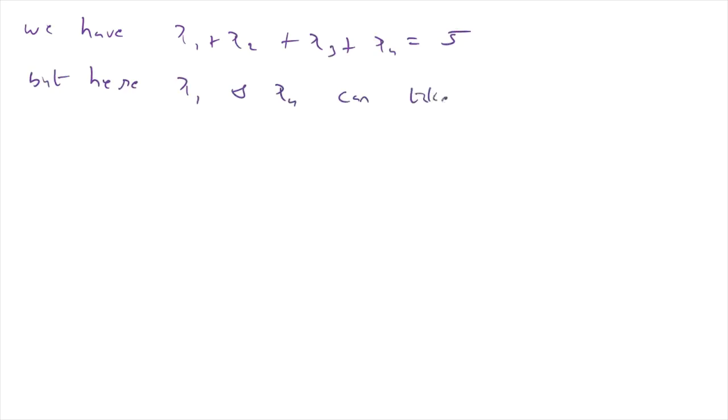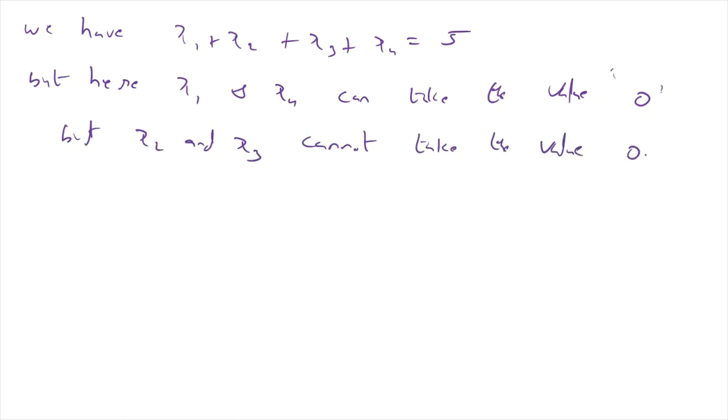We have x1 plus x2 plus x3 plus x4 is equal to 5. But here x1 and x4 can take the value 0, but x2 and x3 cannot take the value 0.